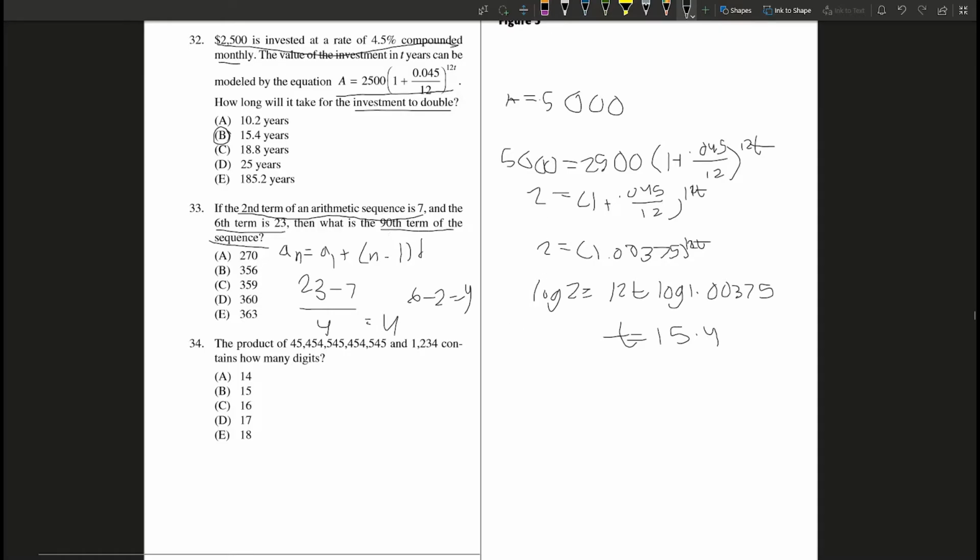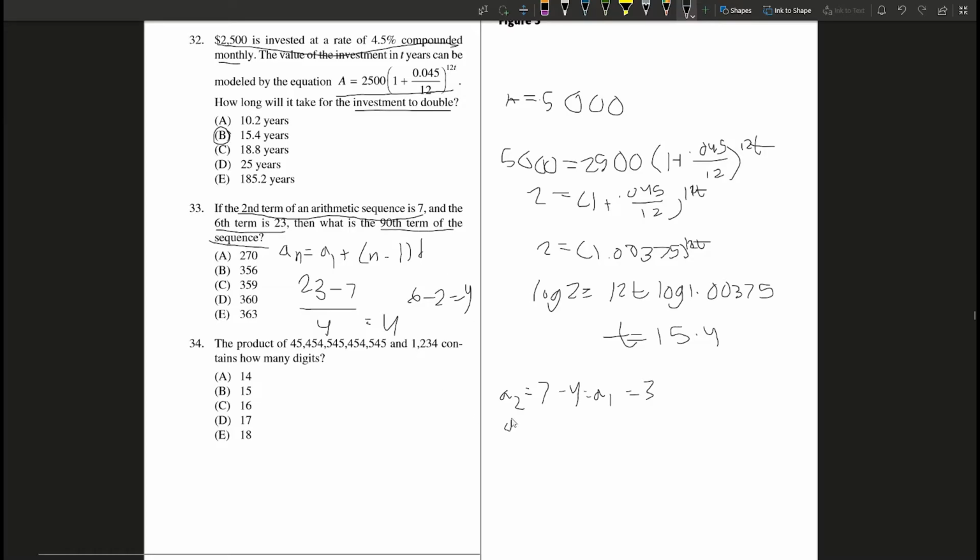And then here we can just plug in 90 into this formula and 4. So a sub 90. Well, actually, first we have to find out a sub 1. So we already know what a sub 2 is. So a sub 2 is equal to 7. And then if we just subtract 4, then we'll get a sub 1. So a sub 1 is going to be equal to 3. And then we can plug it into our formula.